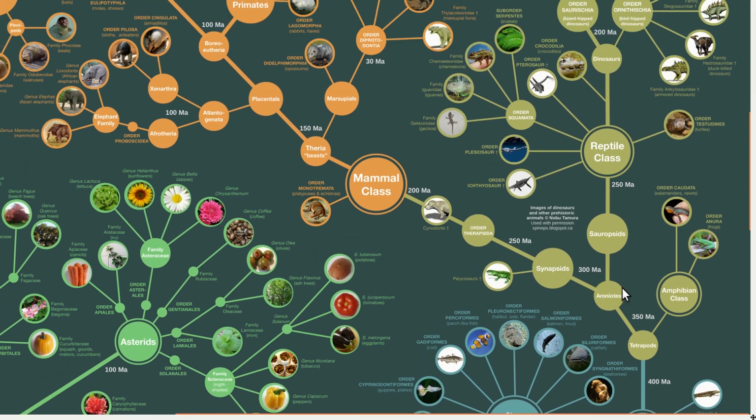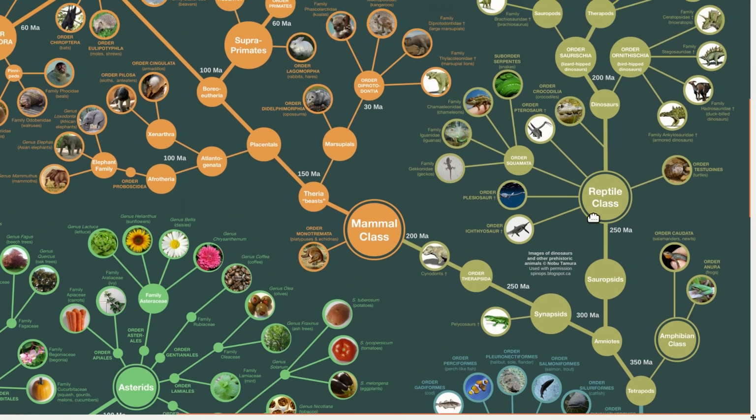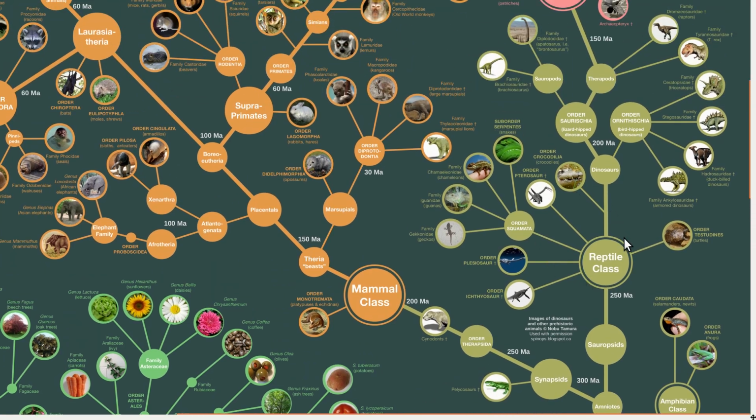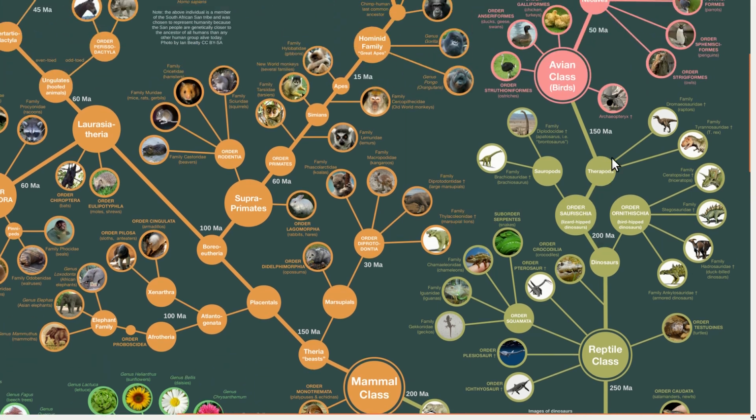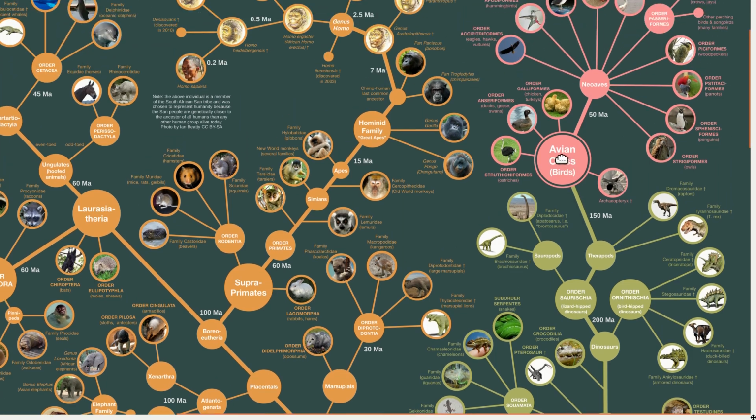And then from there, life goes in 2 very different directions. We get synapsids and sauropsids. From sauropsids come the reptiles, modern reptiles like crocodiles and lizards, but also all these different types of dinosaurs. It's from a certain type of dinosaur related to the T-Rex that we eventually get birds.